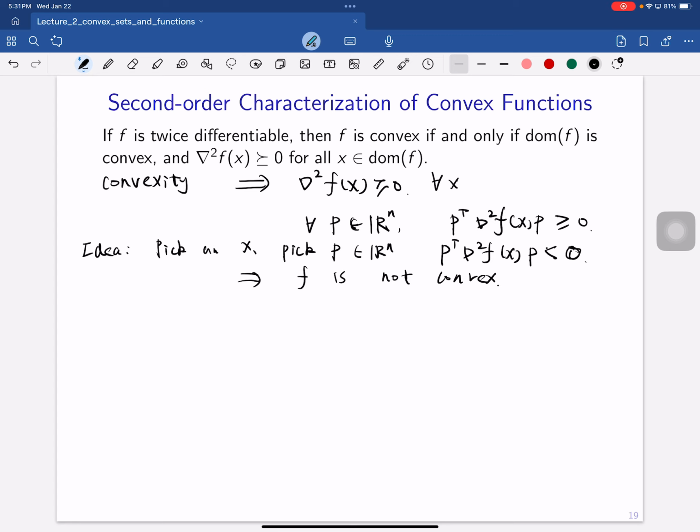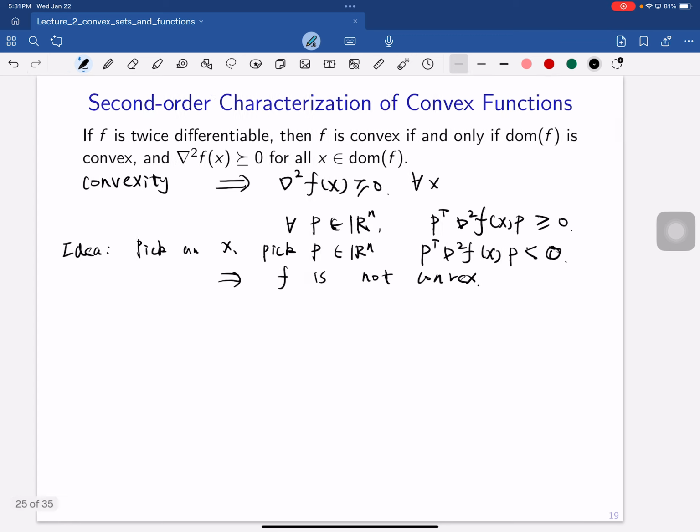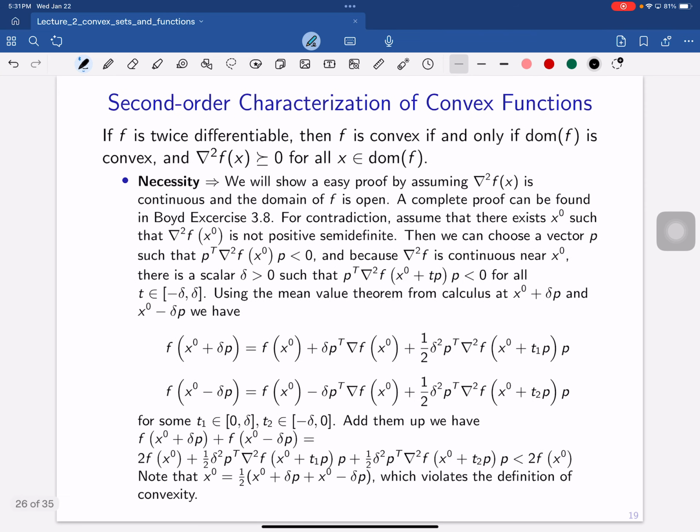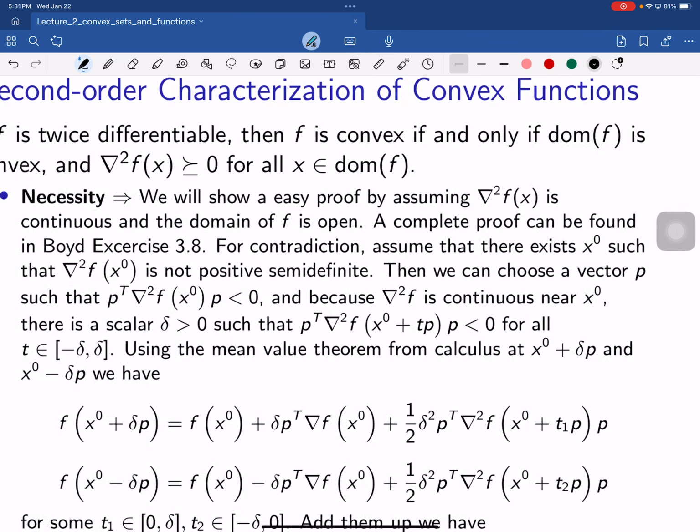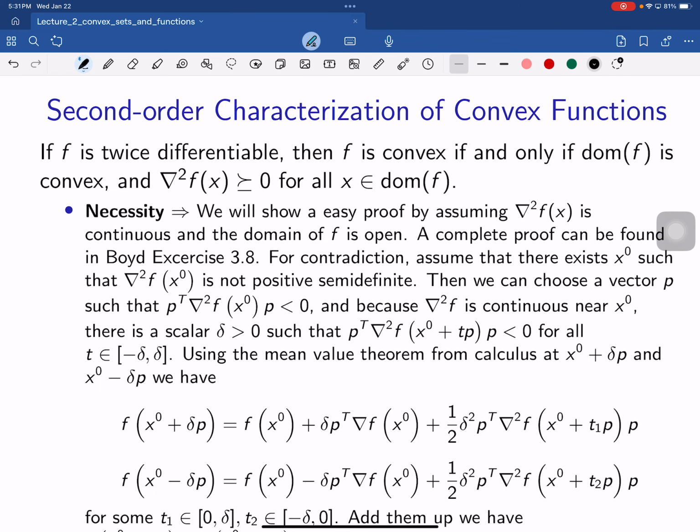That's the idea, okay? So here, I don't want to write it down anymore, okay? So here we will use some property, again, just to rephrase that. What we did is assume there exists x naught such that this is not positive semi-definite. That means we can choose a vector P such that this thing is negative. That's our idea, right?